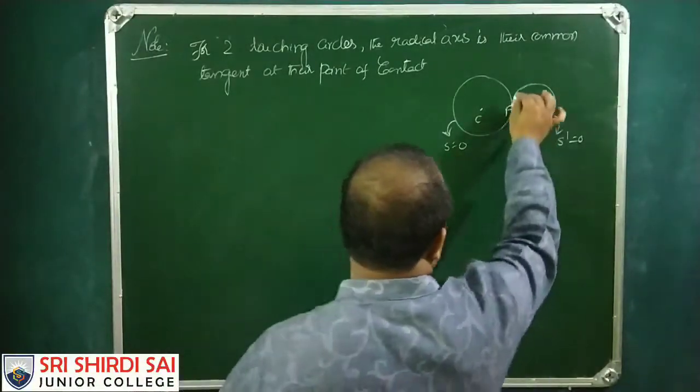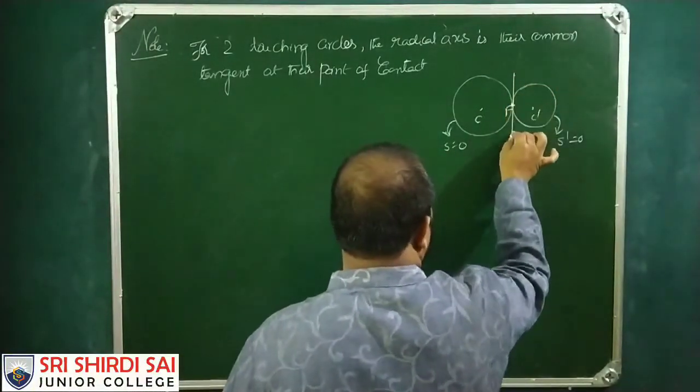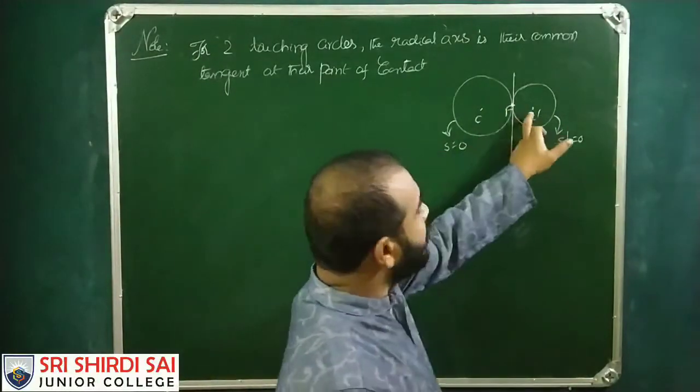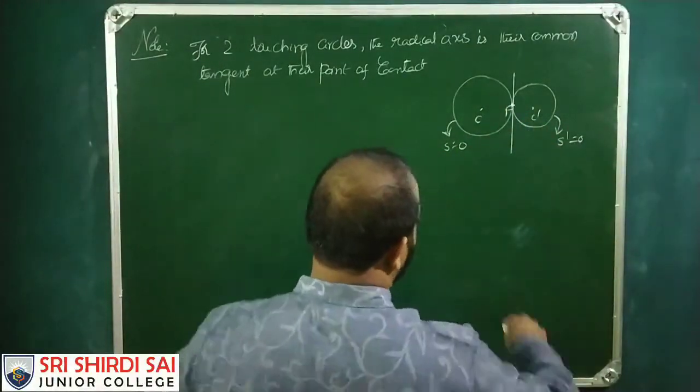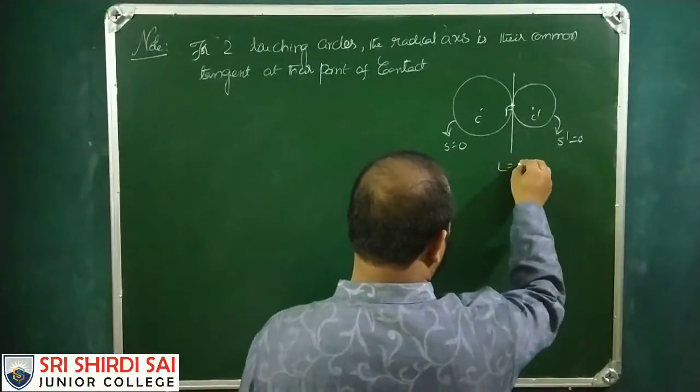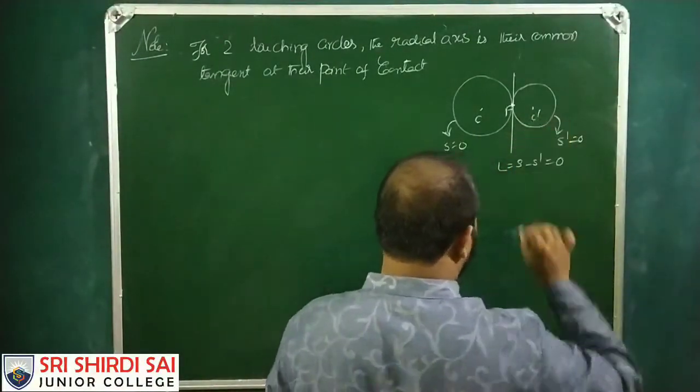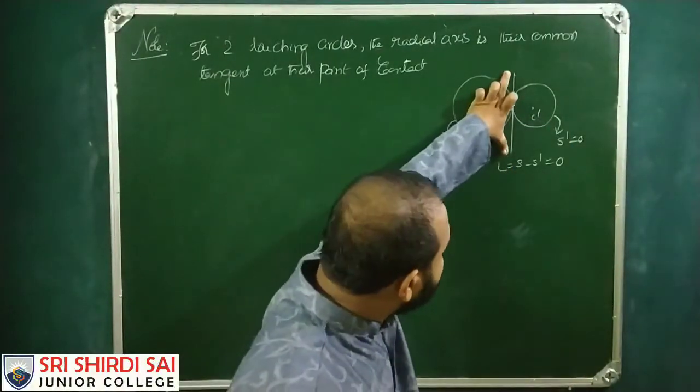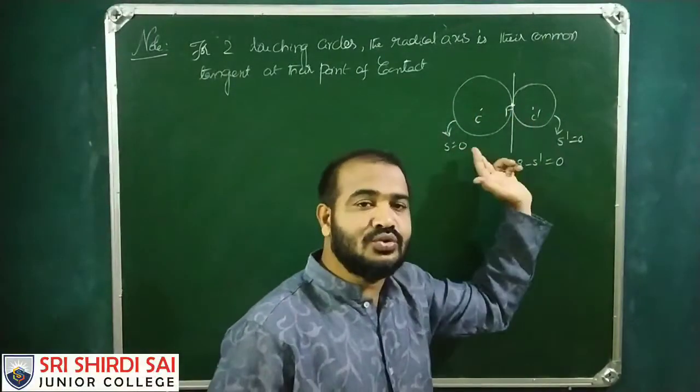Then this is the common tangent for these two circles. So here the common tangent is L equals to S minus S dash equals to 0. Here this common tangent is the radical axis of these two circles.